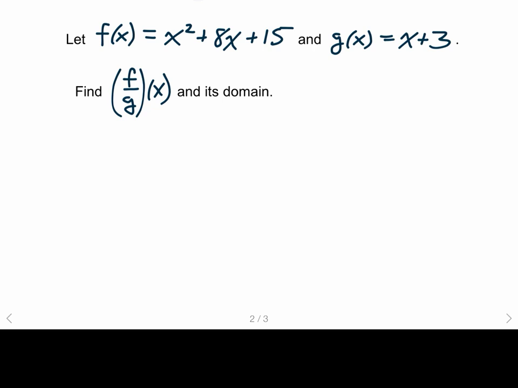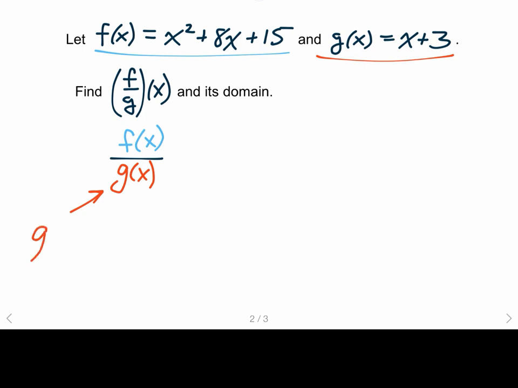As before, this is just going to be a quotient of the functions, so writing this down in the same way we did before, (f/g) of x is the same thing as f of x divided by g of x. We have to note, though, as before, the denominator function, in this case g of x, cannot equal 0.